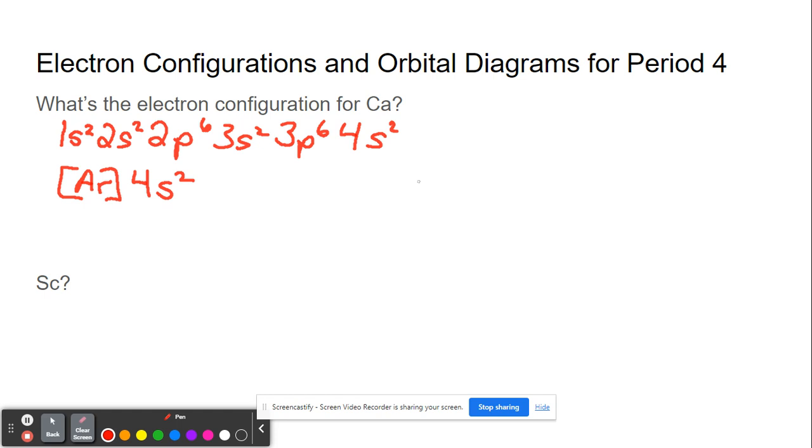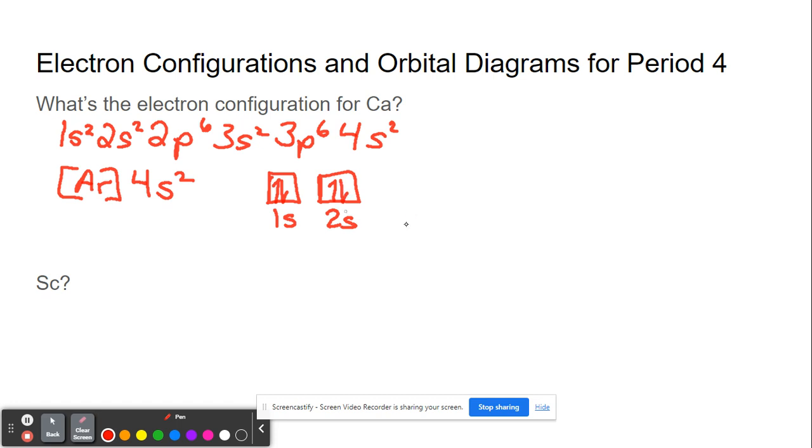If I asked you to draw an orbital diagram, I'd be asking you to draw the little boxes that go along with them. So, orbital diagram for calcium, well, I know that there can be two electrons that go in 1s. I know that there can be two electrons that go in 2s. Remember, they both have to be spinning in opposite directions.